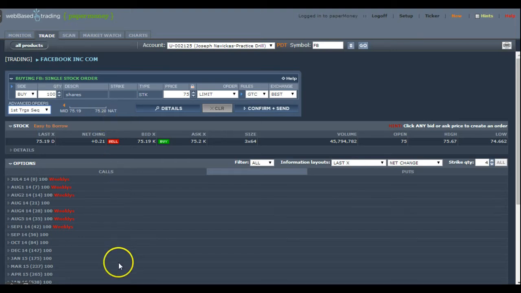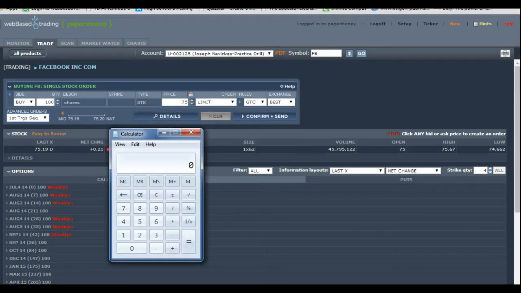What I want to do is figure out how much I should put a stop in at. We want to make sure that we lock in no loss greater than 3%. So if we're buying at 75 even, I just take 75 and multiply that by 0.97.